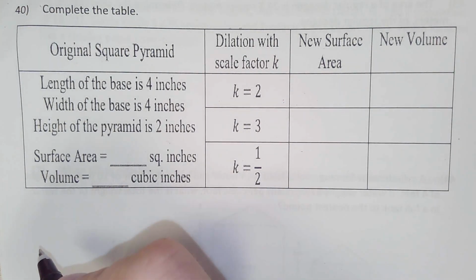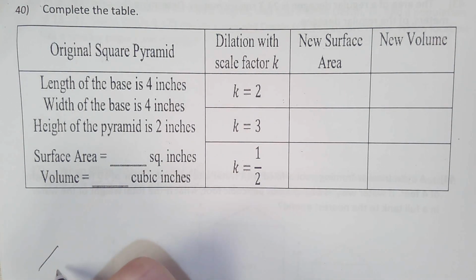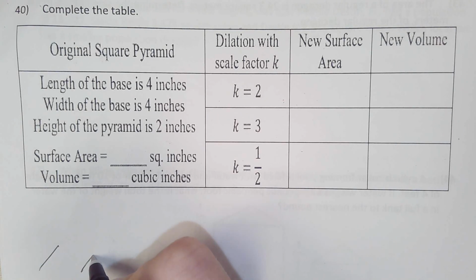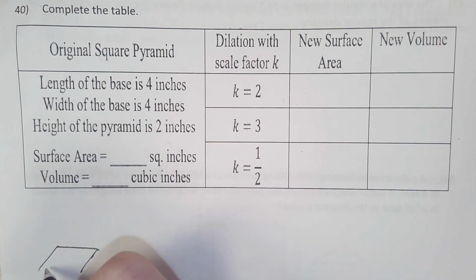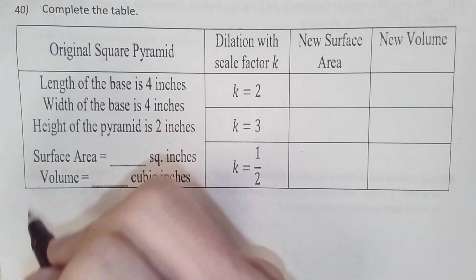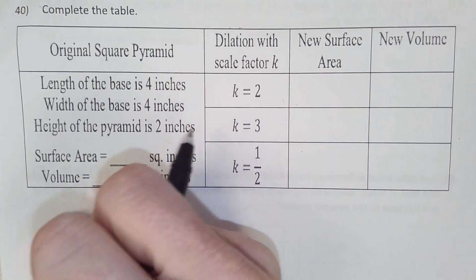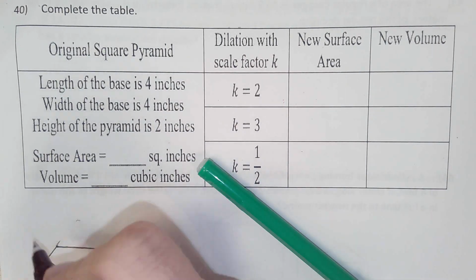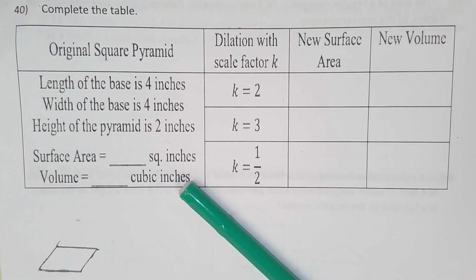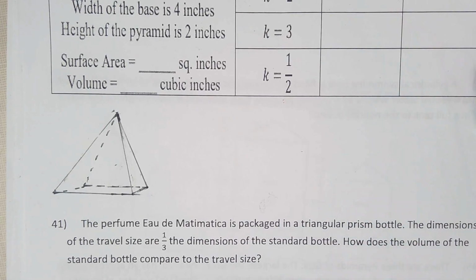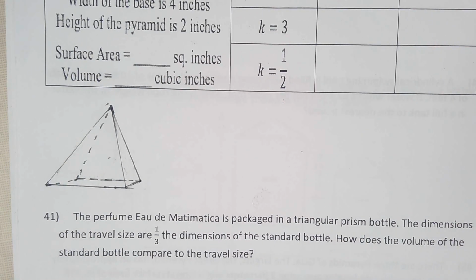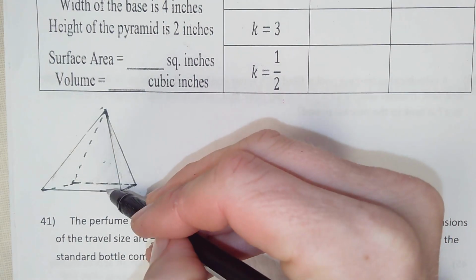So let's go ahead and draw ourselves a pyramid, starting with a little parallelogram, kind of, and make a pyramid from that. Hold on, let me pause. I'm trying to find my pyramid. All right, so there's my pyramid. It's okay, but maybe it should be more like that.